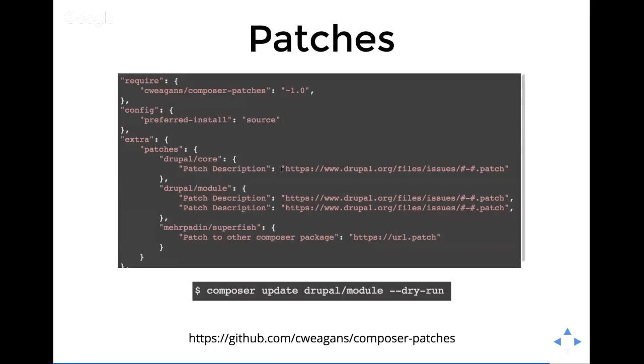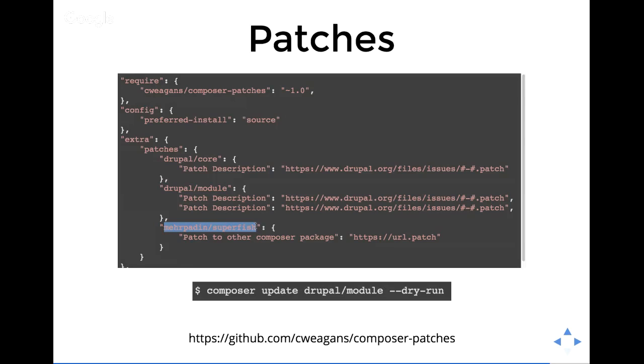I mentioned the Composer packages earlier. We have a preferred install source. And here we have some examples of patches that you can apply. Basically, you specify, like here would be a patch for core. Here would be a patch for a module. Here, I've applied a patch for a JavaScript library.